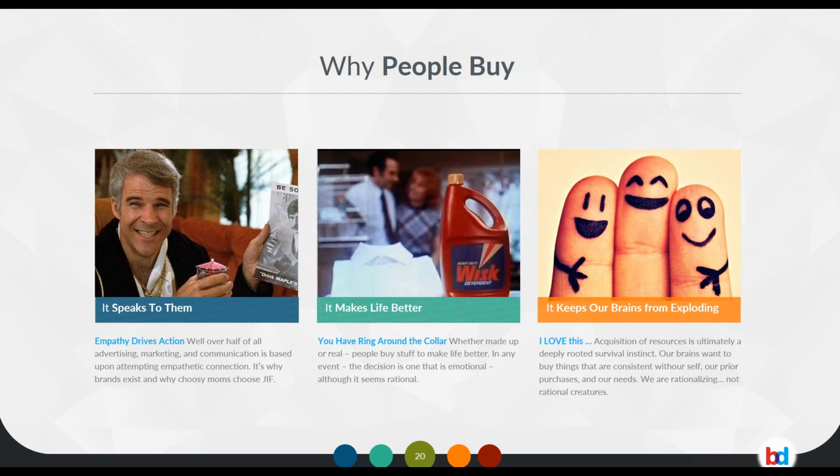It speaks to them, okay? Over half of all advertising is of this type. It is an empathetic basis for making people feel better about themselves, as an expression of their identity, as something they feel they need to feel good about themselves.